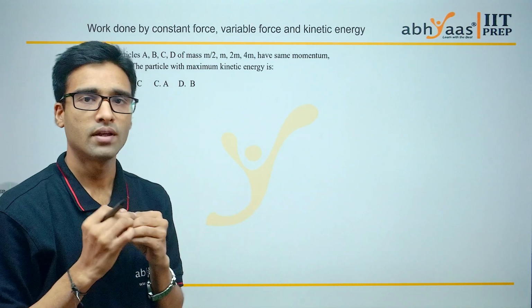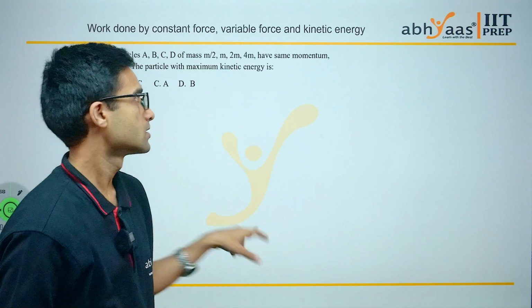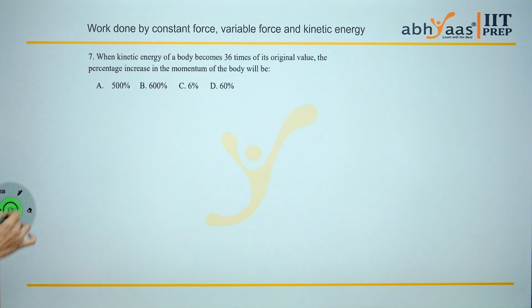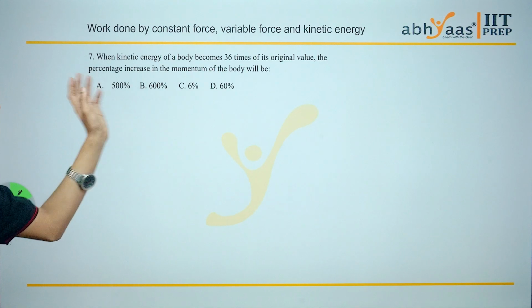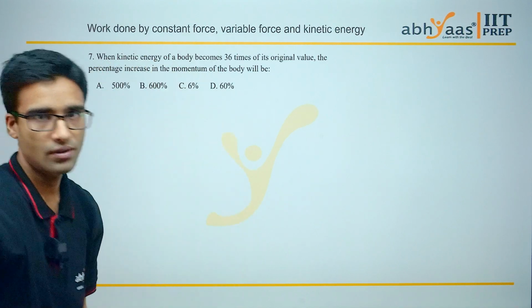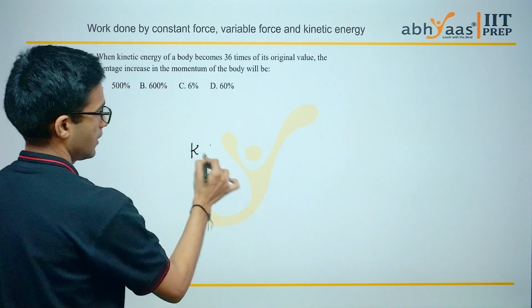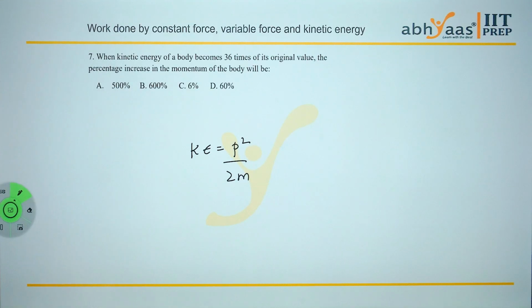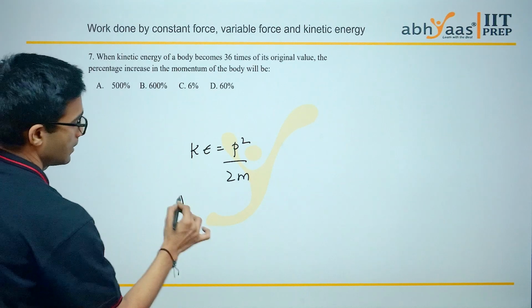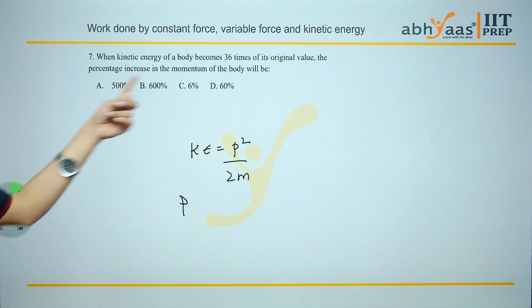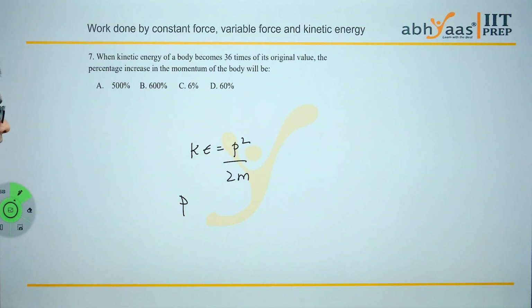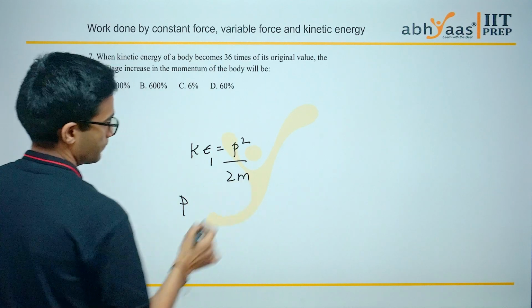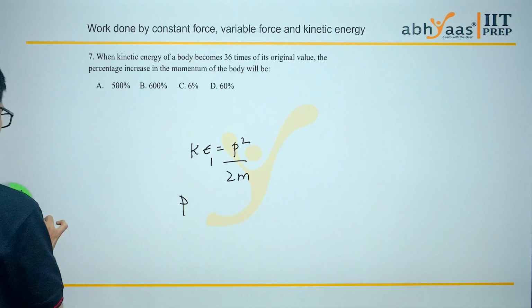So one formula only is making us solve 3-4 problems in this JEE Mains. Again the same type of thing, again kinetic energy only. Here, when the kinetic energy becomes 36 times the original value, KE is equal to P square by 2m, again the same formula. But what is being asked? Kinetic energy is 36 times the original value. Why am I taking P? Because he is asking the increase in the momentum of the body. First consider KE only.